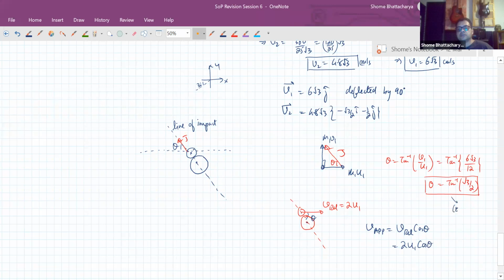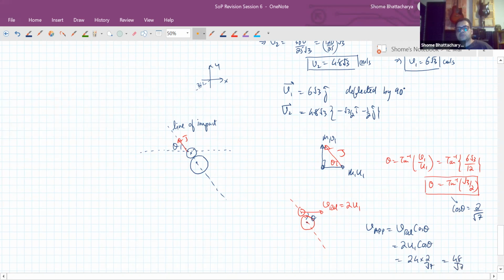Now cos theta is equal to 2 by root 7. So this becomes 24 into 2 by root 7, or 48 by root 7 centimeters per second. This is our approach velocity.